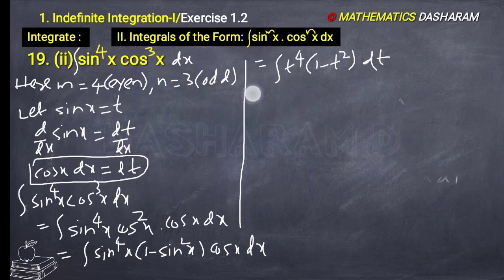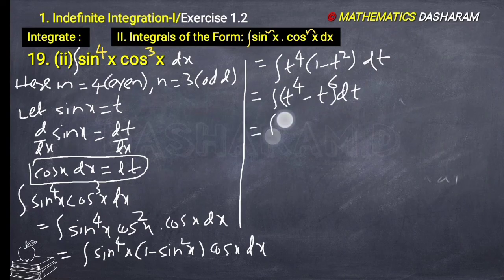Now substitute t to the power of 4 inside: integration of t to the power of 4 minus t to the power of 6 dt. Now apply the integration for t to the power of 4 and t to the power of 6 separately.